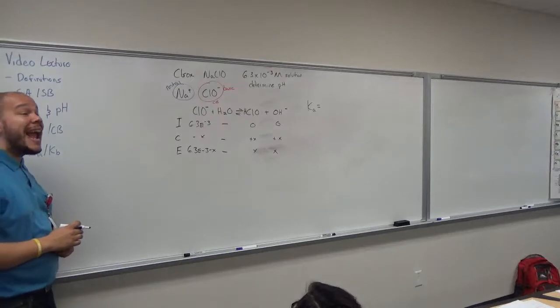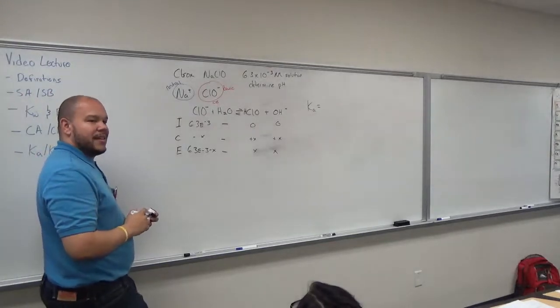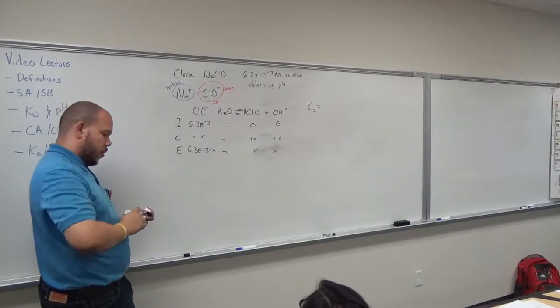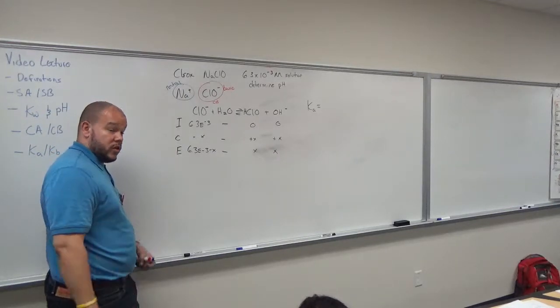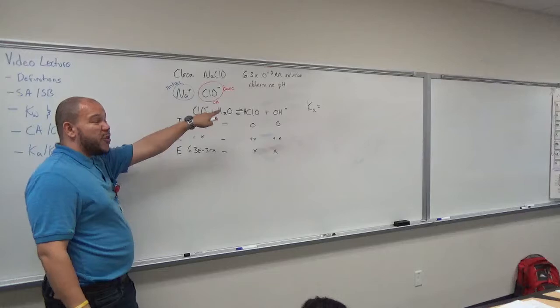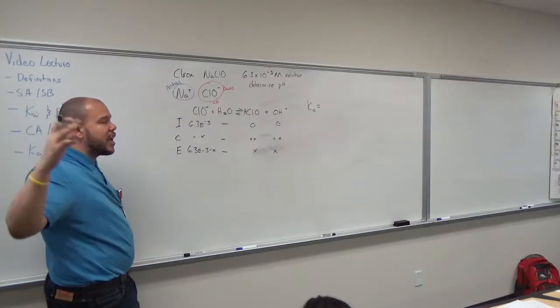So we should be creating the acid in this example, right? So a lot of people are not going to make that distinction. That's why I wanted to use a simple example first. We need to be creating an acid, producing hydroxide.